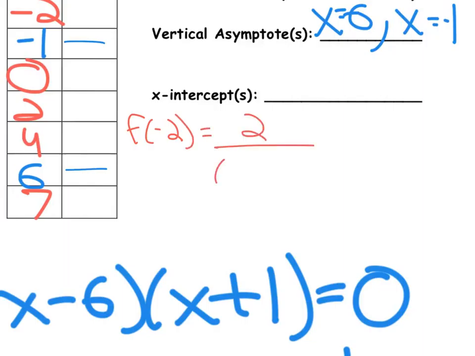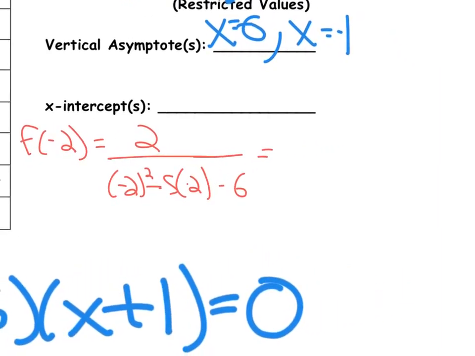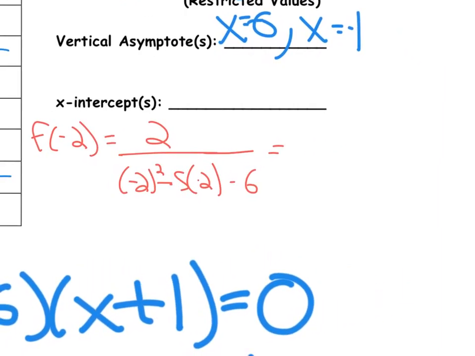is going to be 2 divided by -2 squared minus 5 times -2 minus 6. Okay, and so this is going to be 2 divided by, let's see, -2 squared is +4. -5 times -2 is +10. And then minus 6. Okay.